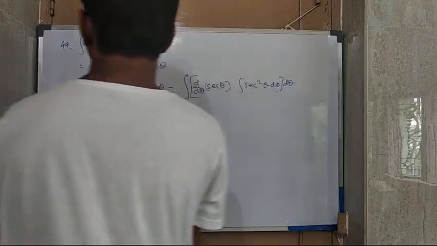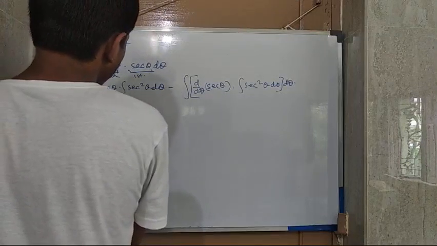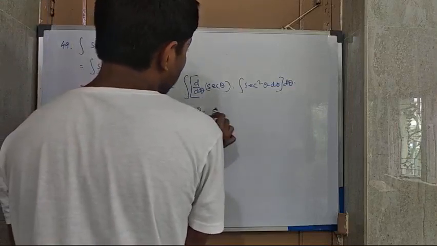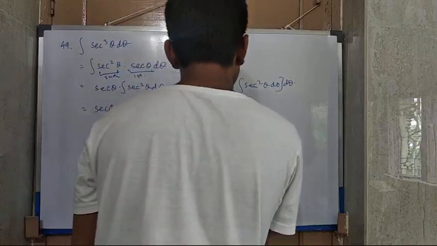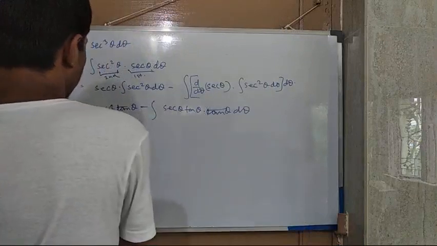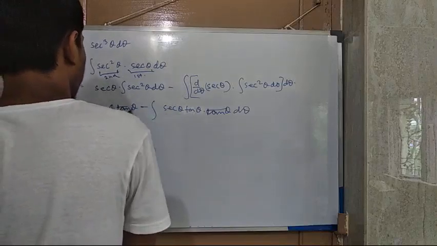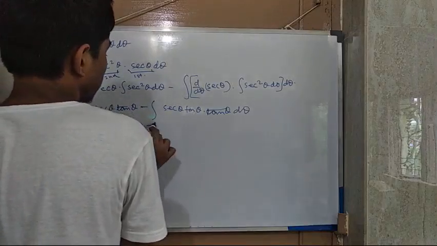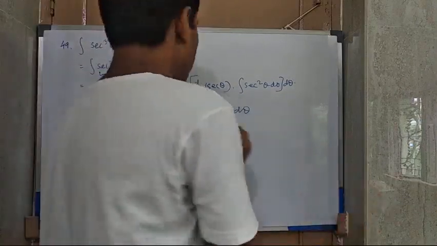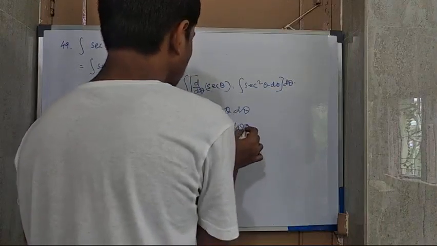So this is sec theta tan theta minus the integral of sec theta tan theta times tan theta d theta. Tan square theta can be written as sec square theta minus 1, so this is sec theta times sec square theta minus 1 d theta.